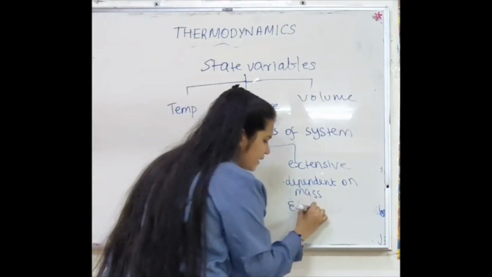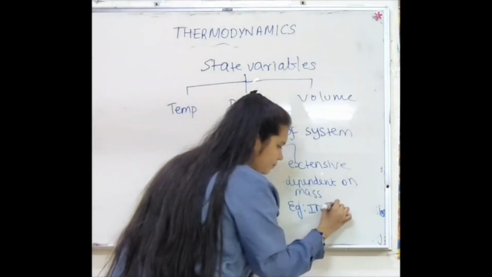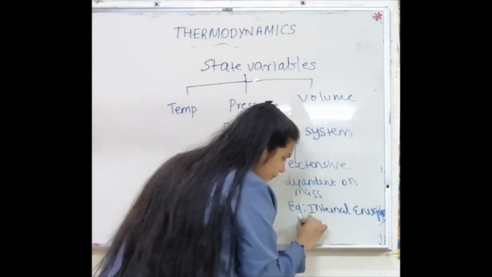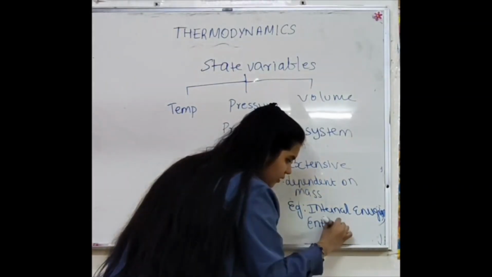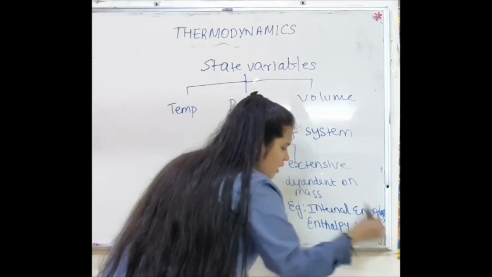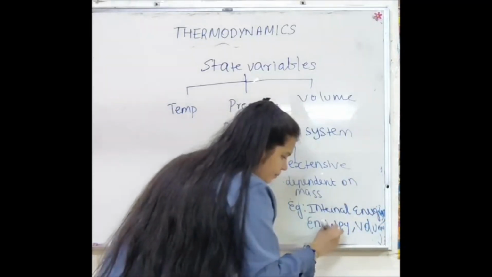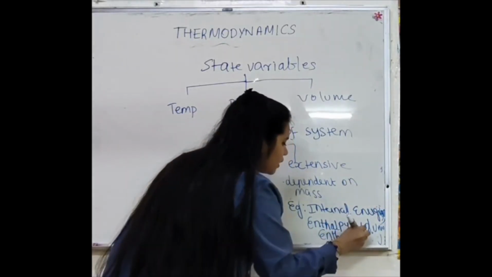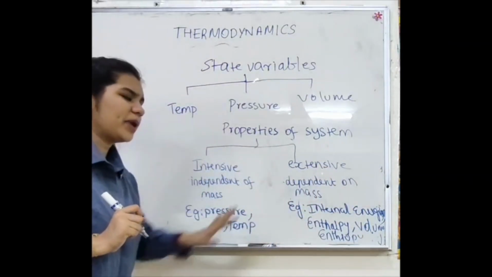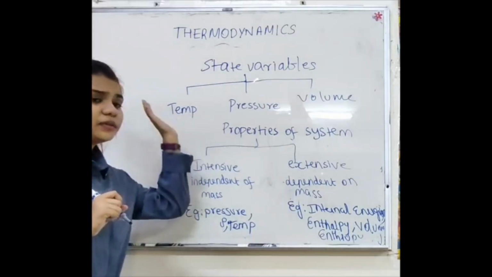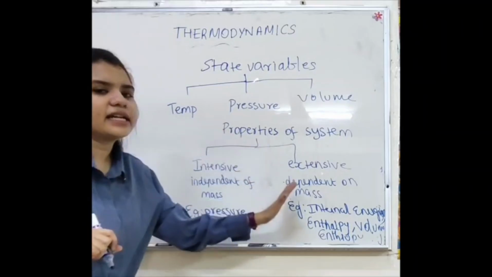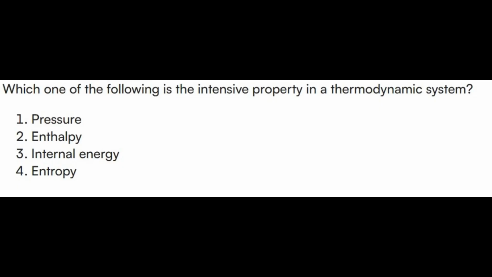Extensive, you can say it as internal energy, enthalpy, volume, and entropy. Okay, so intensive are independent of mass, extensive are dependent on mass. So these are the properties of a system. One tells us the condition, the other tells us the size of the system.